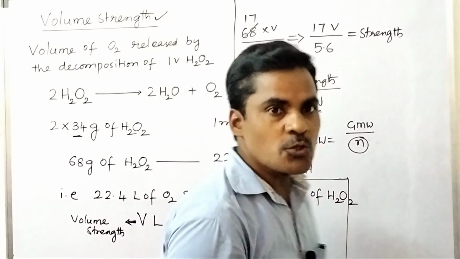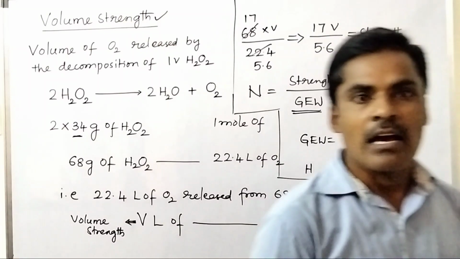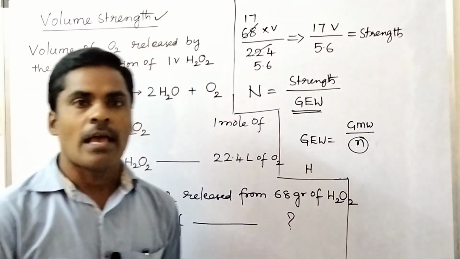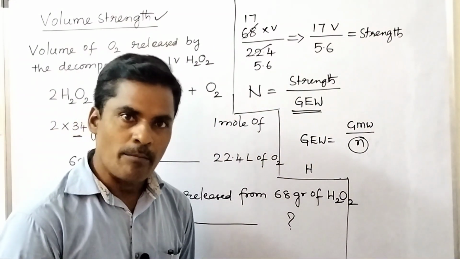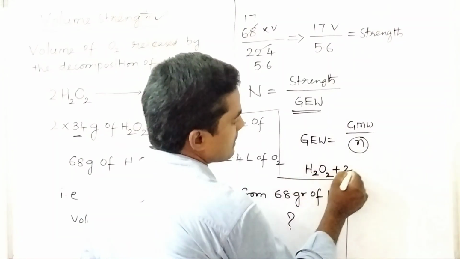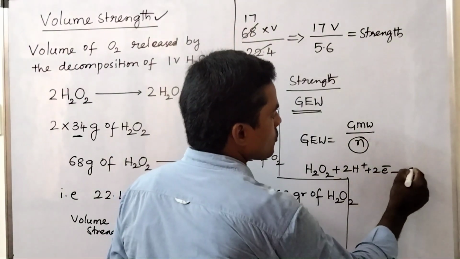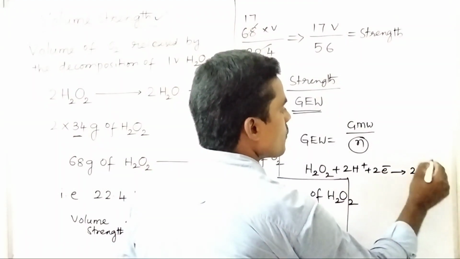Hydrogen peroxide H2O2 can act as an oxidizing agent as well as reducing agent in both acidic and basic medium. Suppose H2O2 in presence of acidic medium gains 2 electrons to give 2H2O.